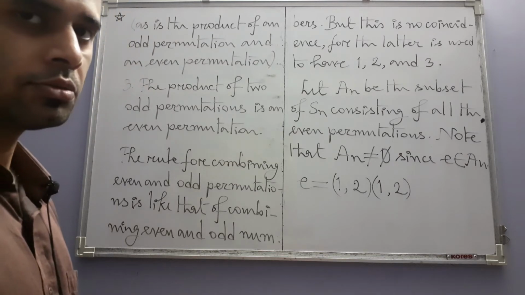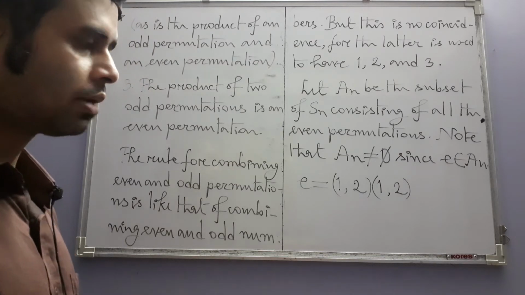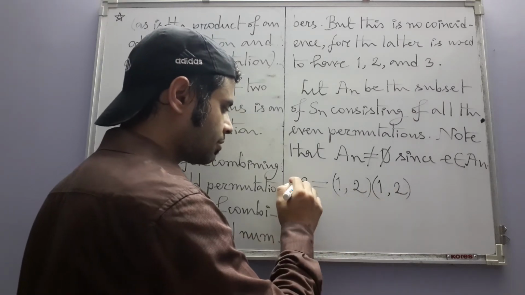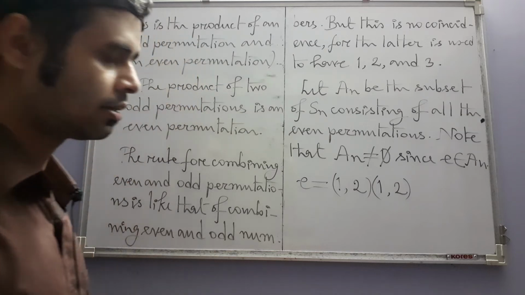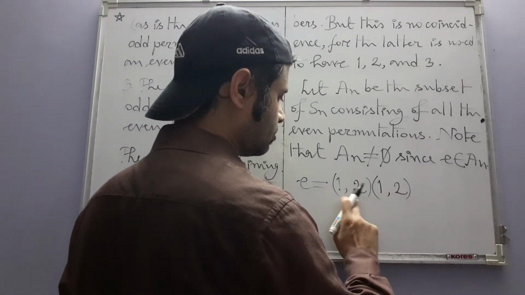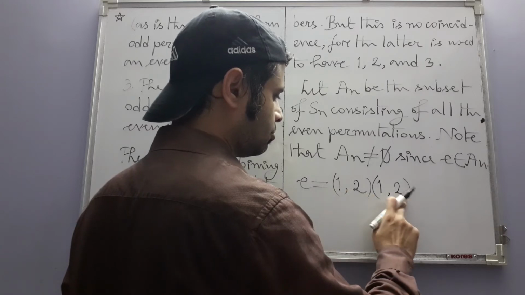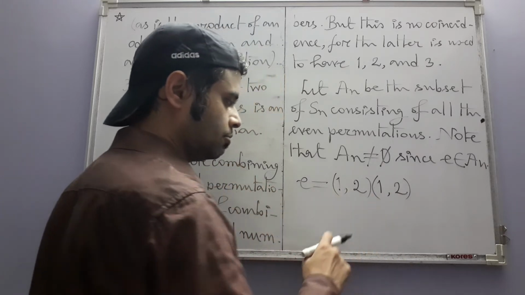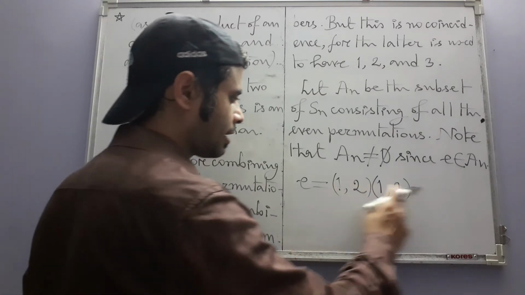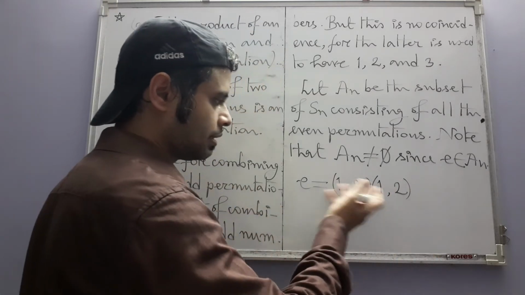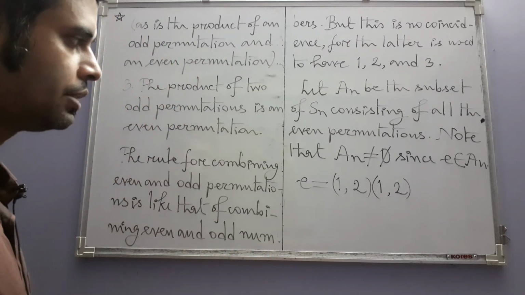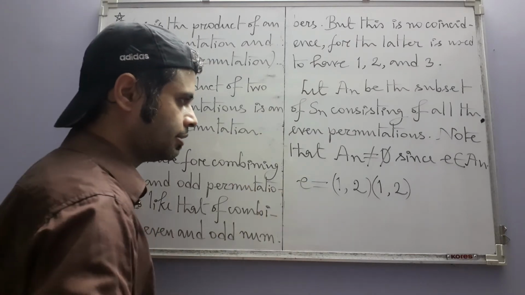Since every 2-cycle is an inverse of itself, this will give you E. And in fact, this is something you can also directly verify. 1 goes to 2, then 2 goes back to 1. 2 goes to 1, 1 goes back to 2. So this actually does not change anything. And if there are other symbols involved, they do not appear at all, so they are fixed. So everything is fixed, that means this is the identity.